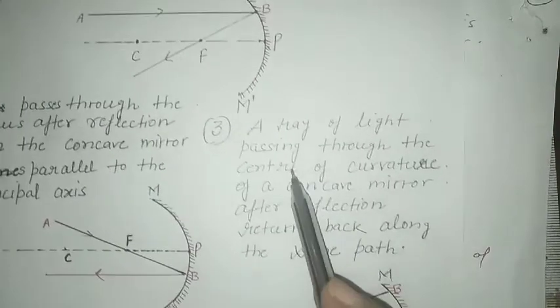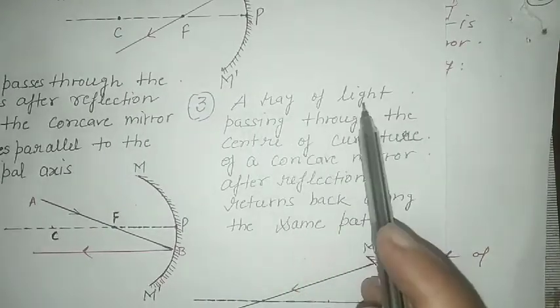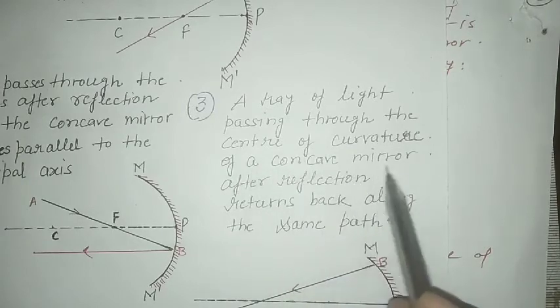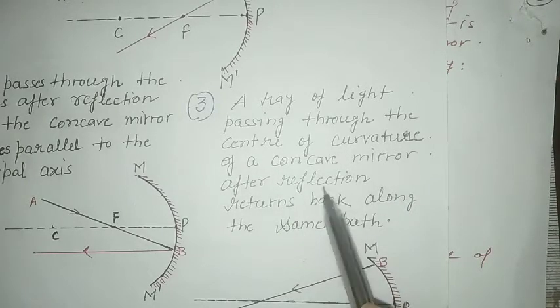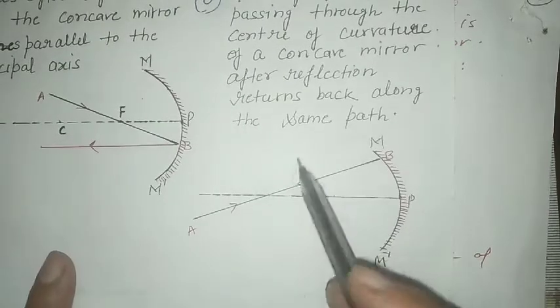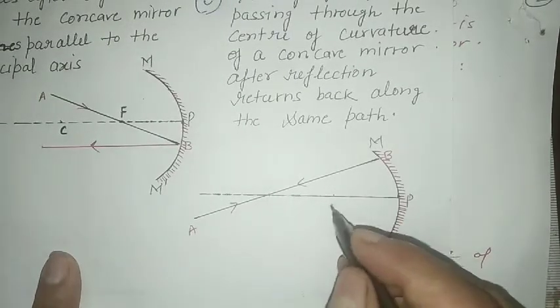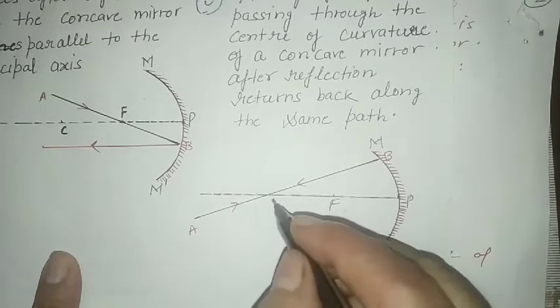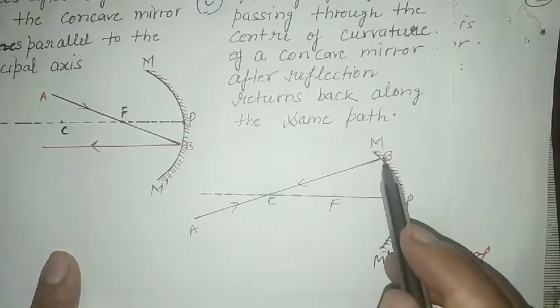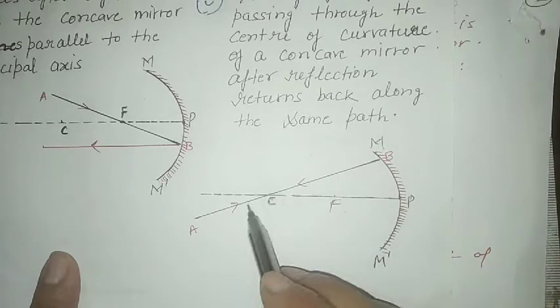And the third point, the important point: a ray of light passing through the center of curvature of a concave mirror, after reflection, returns along the same path, meaning it retraces the same path. This is the focus and this is the center of curvature, and this ray passes through the center of curvature, with both arrows on the same ray.